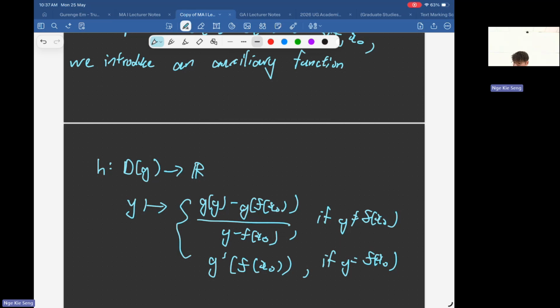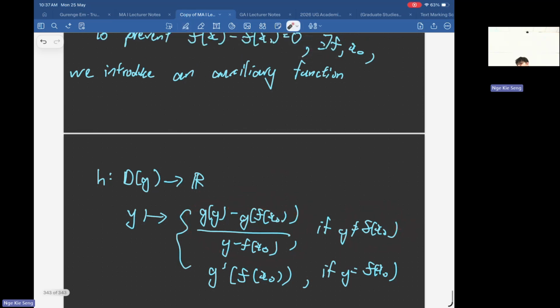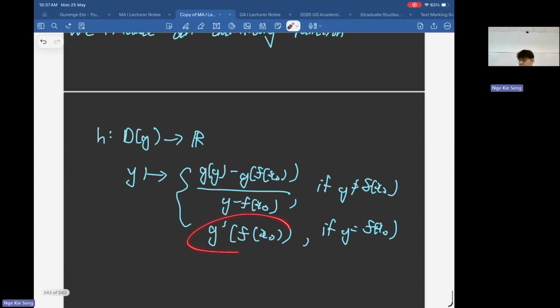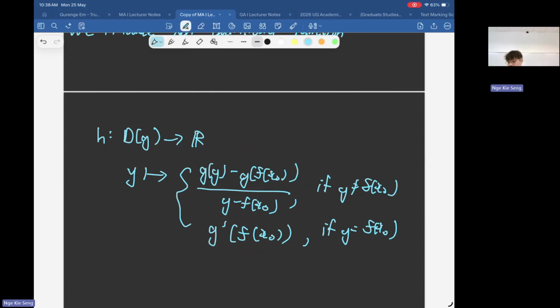So why can I do this? If y is not f(x_0), we just keep it in quotient form. If it is, then we replace it with the derivative there. Why can we do this? Because we know that g is differentiable there, so there is a value there. So what have we done here?